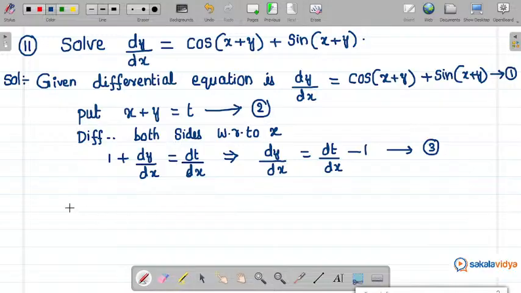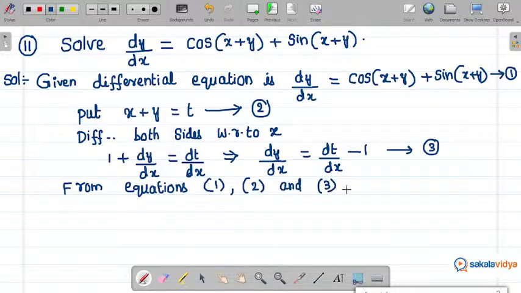So now from equations 1, 2 and 3 we get, in the place of dy by dx we can write dt by dx minus 1, in the place of x plus y, t, so cos t plus sin t.